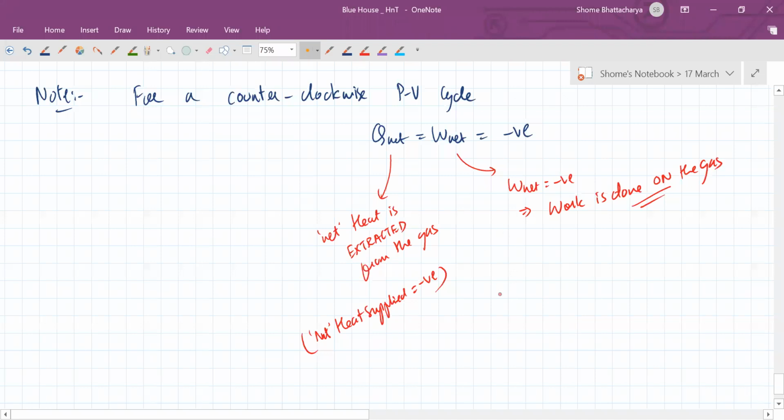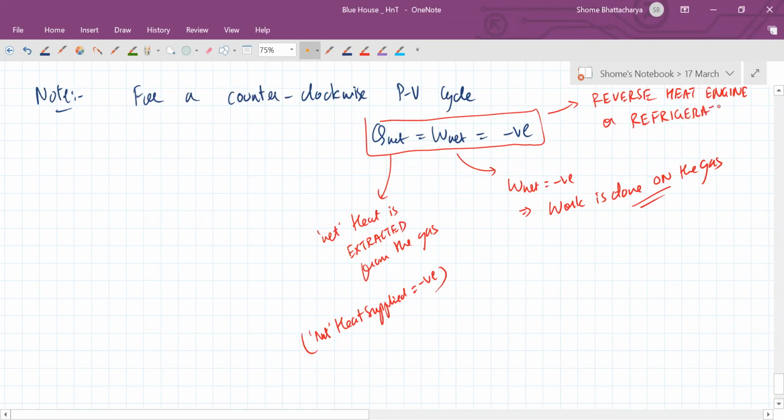Okay, so this cycle functions as a reverse heat engine cycle or a refrigeration cycle. So this is something where work is done to extract heat.